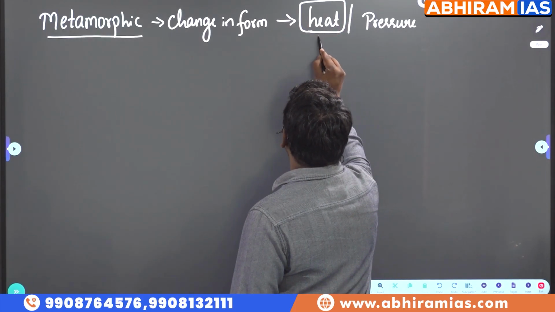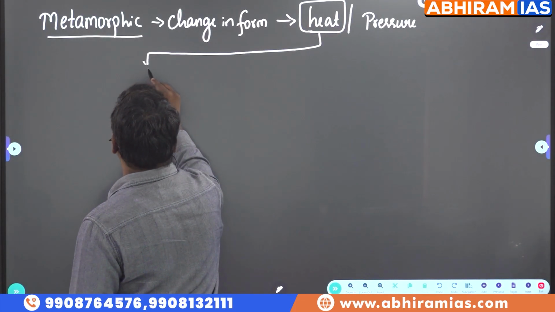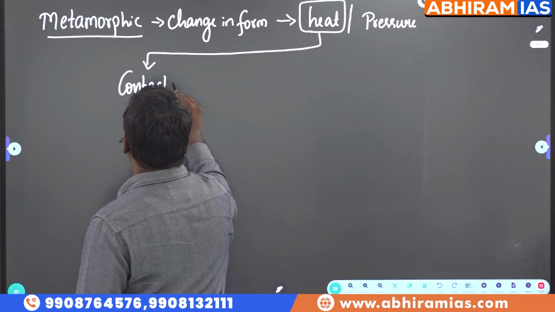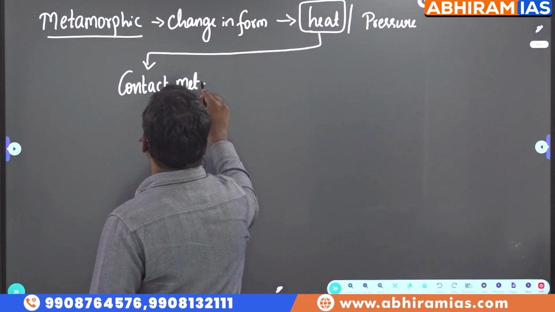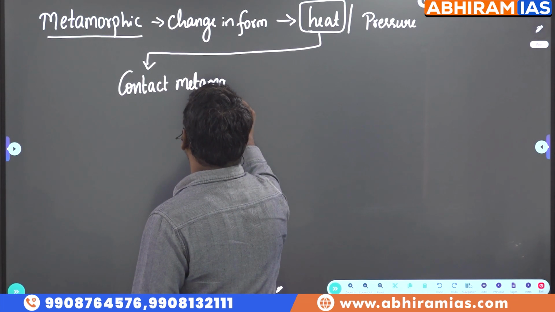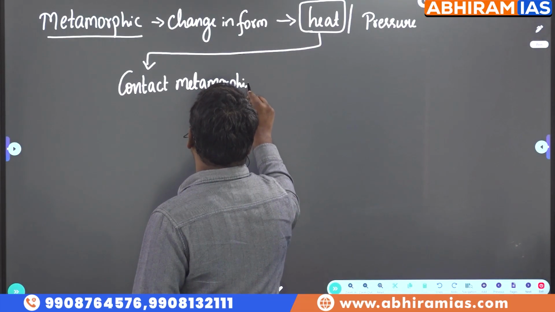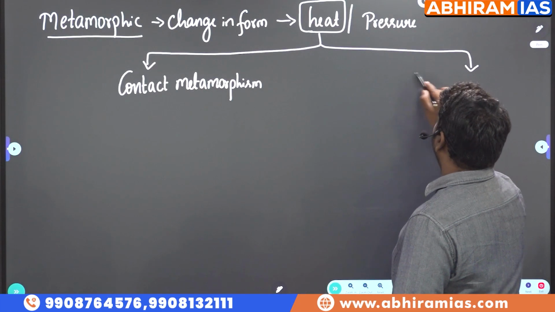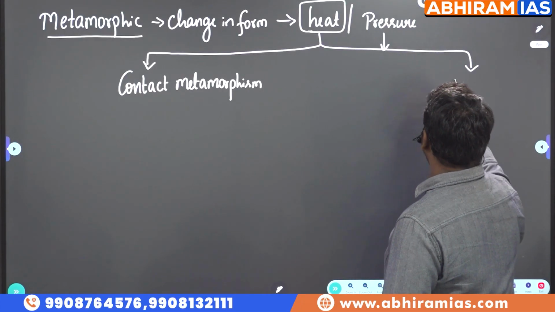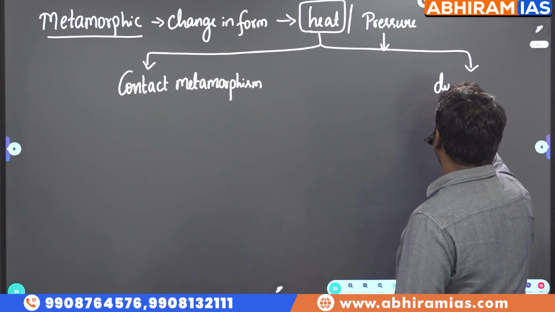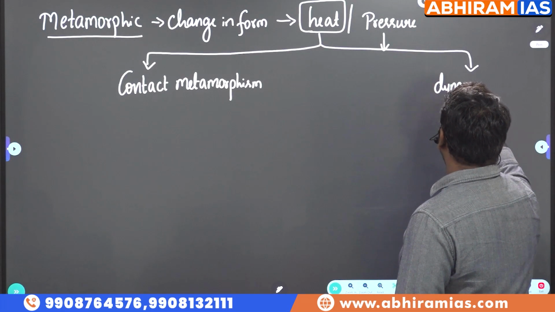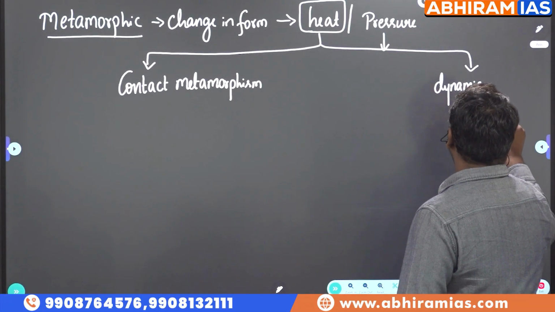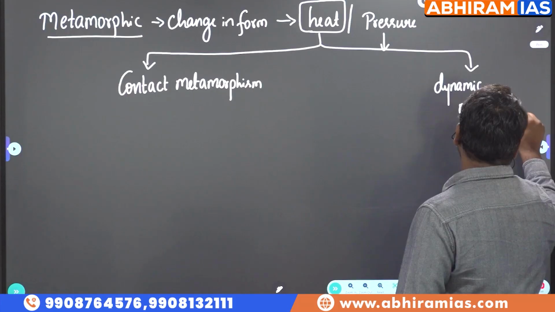If it is due to heat, it is called contact metamorphism. If it is due to pressure, it is dynamic metamorphism.